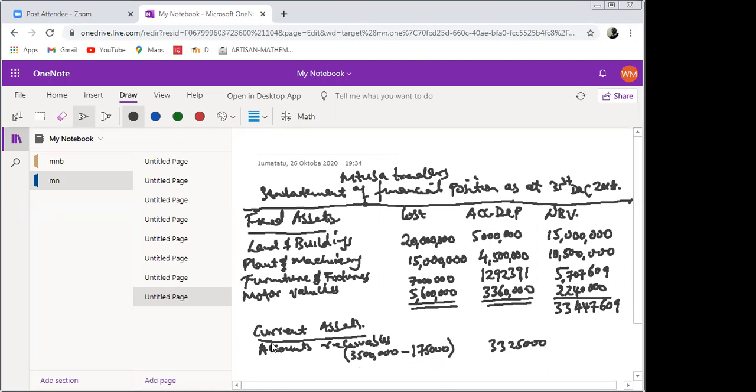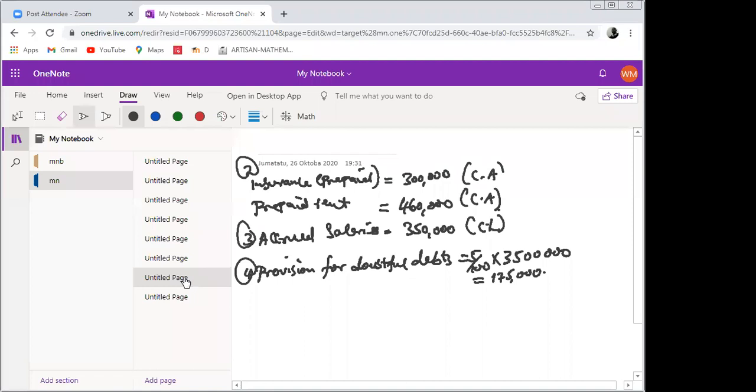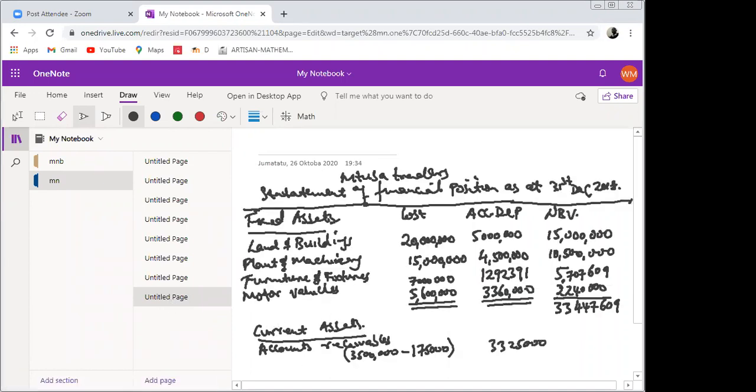Then what else? We have the bank balance, but bank is supposed to be recorded last. Let us look at the prepaid expenses. They are current assets. So the insurance and the rent that were prepaid, because we have not utilized this money, it is our money. So we put it here.